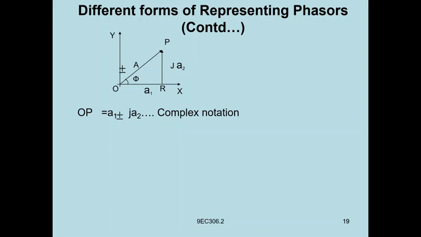The phase difference between the x-axis and y-axis is 90 degrees, and the phasor OP has a phase difference phi with respect to the x-axis. So OP can be represented as the addition of OR plus RP. OR plus RP will give OP. So that can be represented as A1 plus jA2. This is the rectangular form.